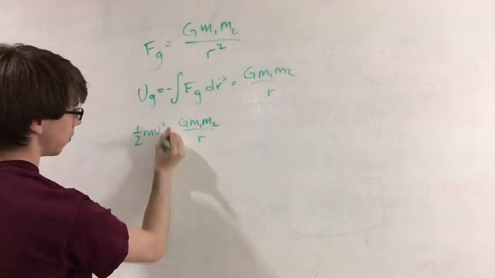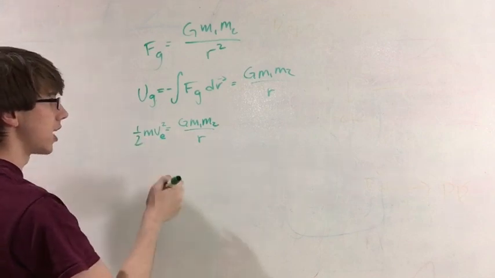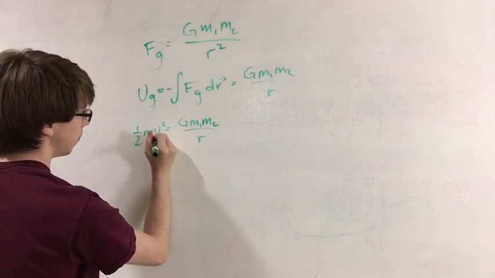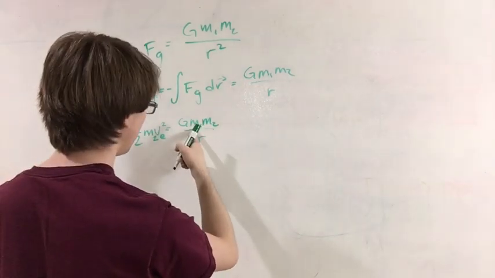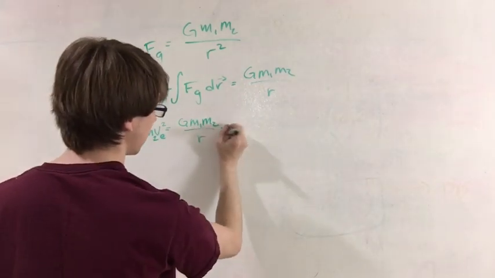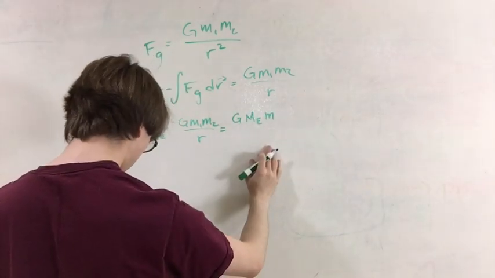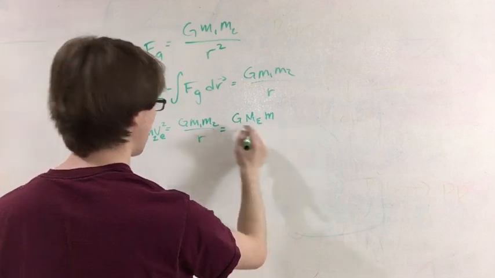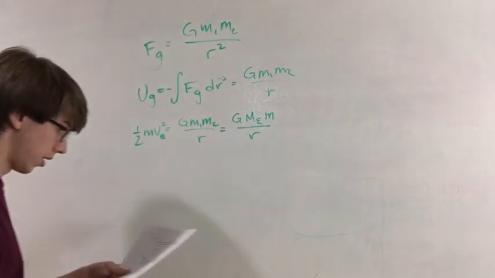Okay, v sub e for escape velocity. What m is this? Well, that's the mass of the satellite, so that's going to be m2. What's m1? Well, that's going to be the mass of the Earth, so we're going to say this is G m_e, and it's a mass m, so we're just going to say m here, over r.